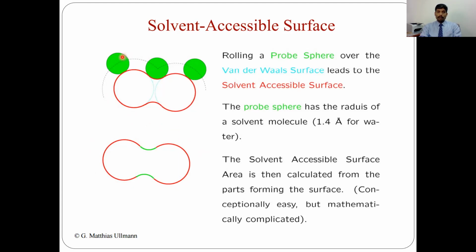We are just simulating the structure. Computationally we are rolling all the probe spheres of 1.4 Angstrom so that we can understand what grooves are present. Otherwise, with just the amino acids having the atoms, you cannot understand what the structure of it is. So this is one way to understand the solvent accessible surface area.